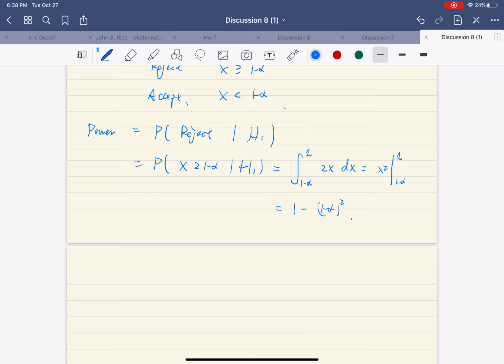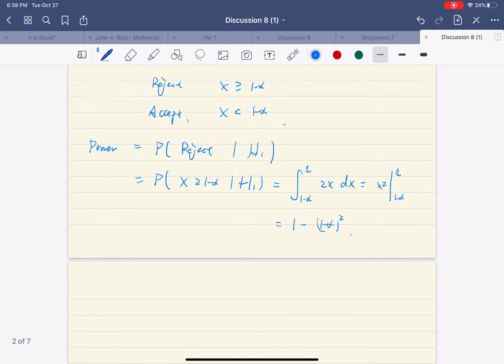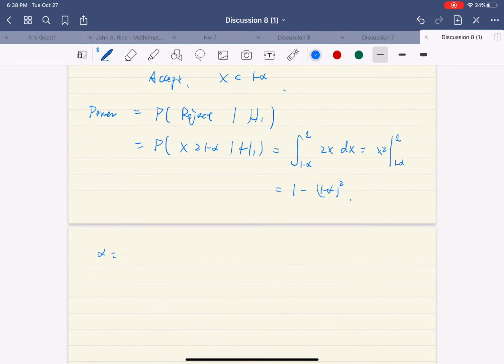And now we have to find the most powerful, the power under alpha equal to 0.1. So for alpha equal to 0.1, maybe we can say the most power can be equal to 1 minus 0.9 squared, which is 1 minus 0.81.